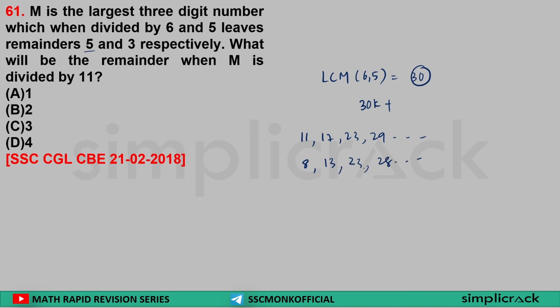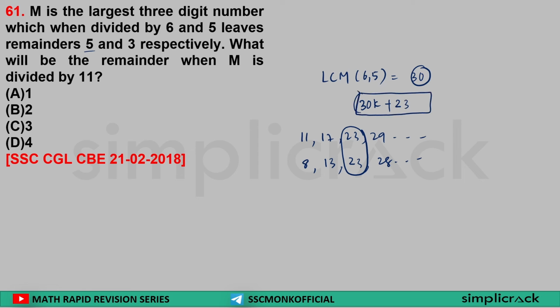Yes or no? Yes. That means the smallest possible number which, when divided by 6 and 5, gives remainders 5 and 3, is 23. That means the number we are looking for will always be 30k plus 23.